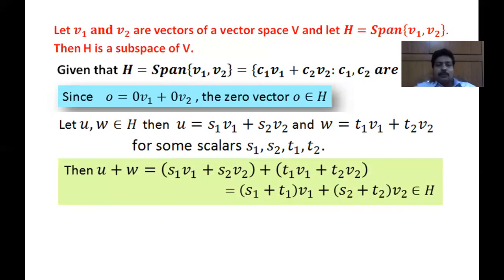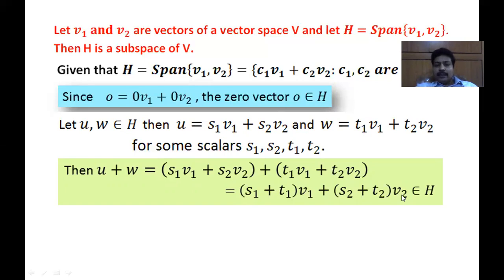Then U plus W is equal to S1 V1 plus S2 V2 plus T1 V1 plus T2 V2. This is equal to (S1 plus T1) V1 plus (S2 plus T2) V2.